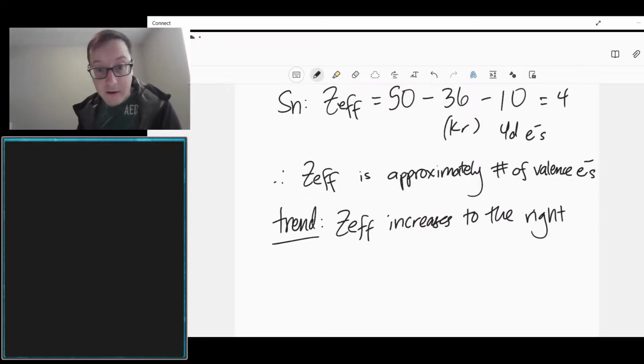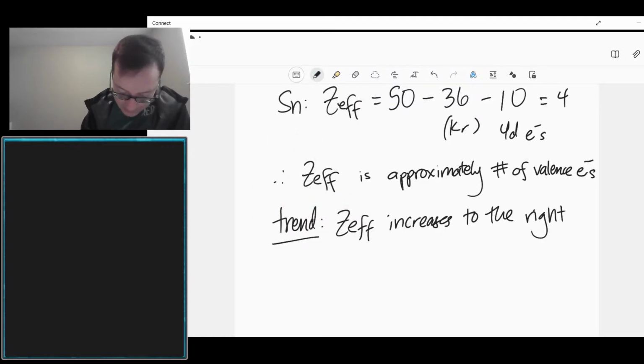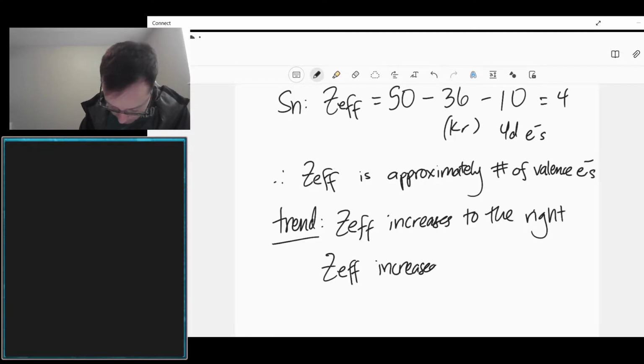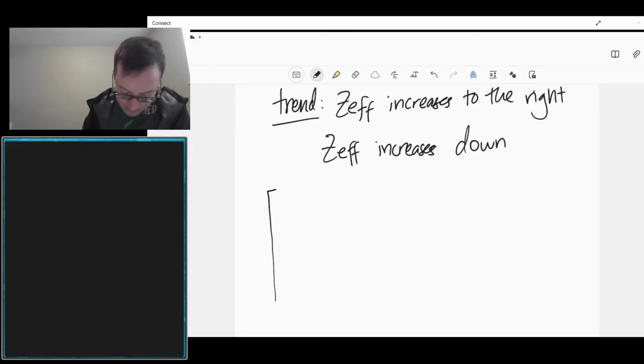So here's our trend. We see that effective nuclear charge increases as we go to the right, and it increases down. So periodic table, we're going to have a lot of these drawn this week.